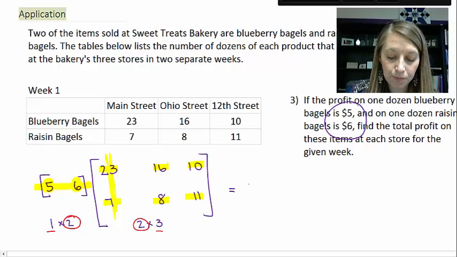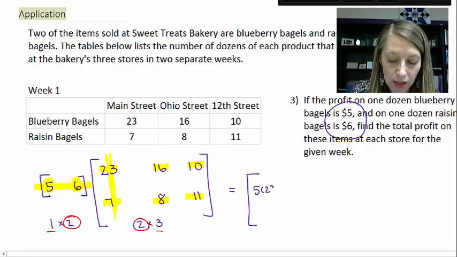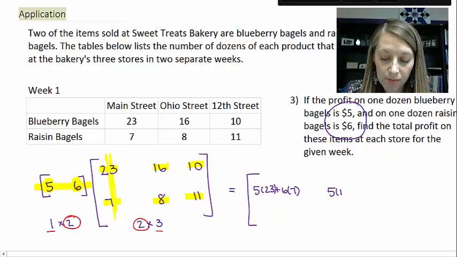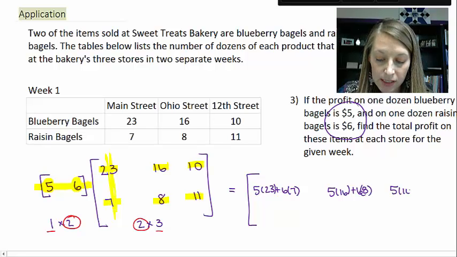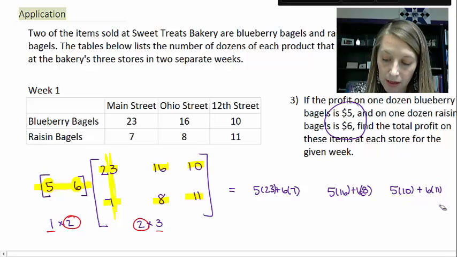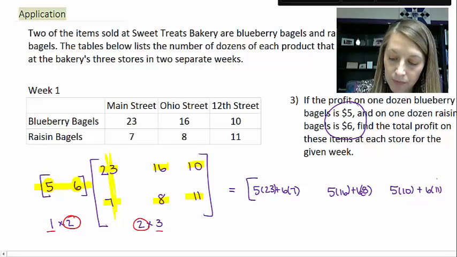So I have 5 times 23 plus 6 times 7. I have 5 times 16 plus 6 times 8. And I have 5 times 10 plus 6 times 11. Maybe make these guys smaller.